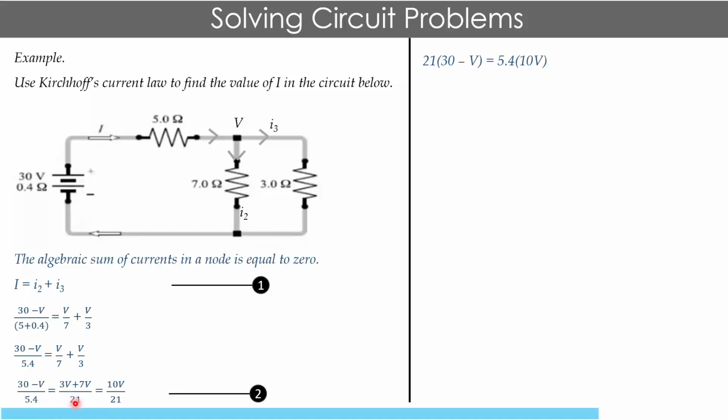We have 21, and then 7 into 21 is 3, and 3 into 21 is 7. So if I add 3 plus 7, we have 10, so 10V based on the value V. We use V to depict the voltage there. So we have 10V over 21. So 30 minus V over 9 is equal to 10V over 21.